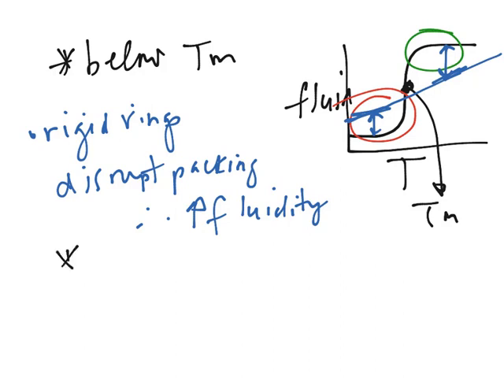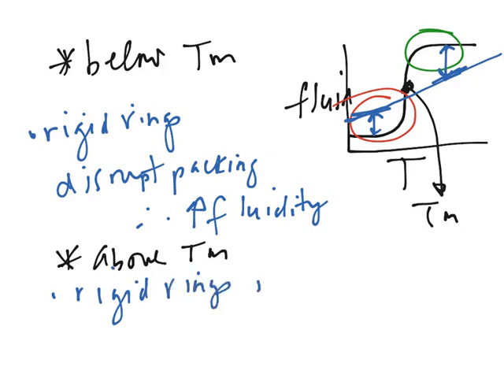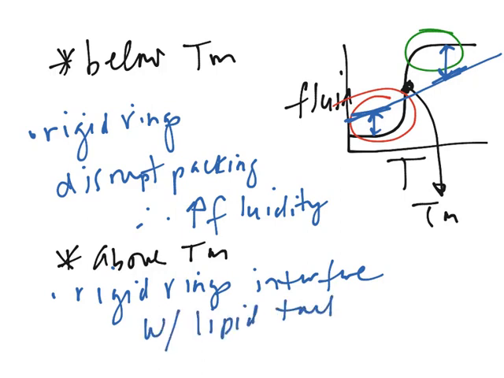If you are above the TM, on the other hand, you could think that those rigid rings now will interfere with the lipid tail motion, right? So if fluidity has to do with the movement of those lipid tails all over the place, and you stick in a rigid set of rings, they're going to be bumping up against it. So that instead will decrease the fluidity of the membrane because it's restricting the space with which those tails can move around.